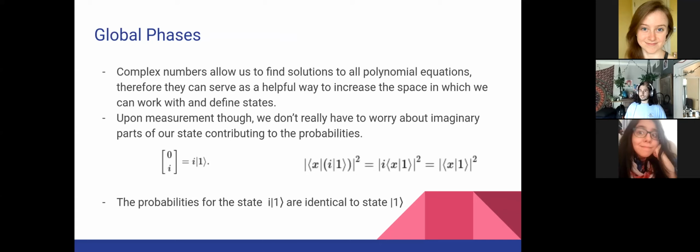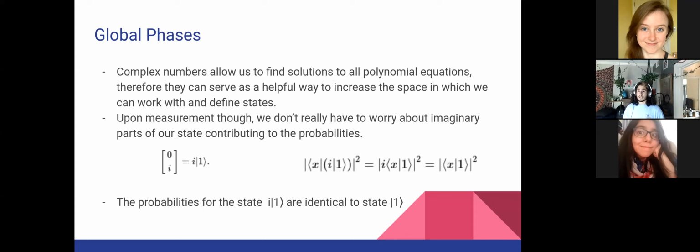We've got this idea of global and relative phases within our states, but the global phase is not super important. It's not super important because we can't actually measure it. We can't tell a difference when there exists a global phase versus when there is not. And so global phases can be complex, and the reason they can be complex is because complex numbers allow us to find solutions to all polynomial equations.